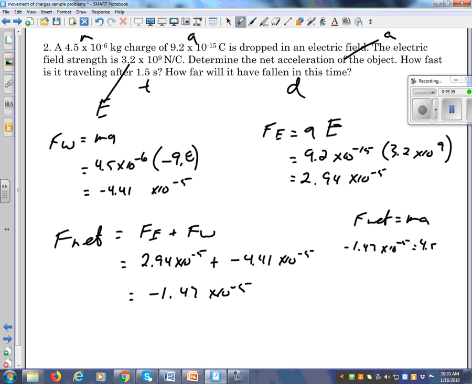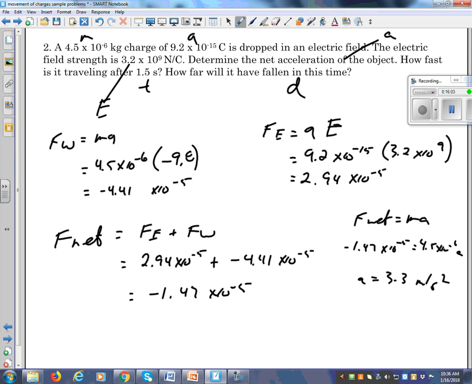Mass is 4.5 times 10 to the minus 6, and I'm squeezing... 3.3 meters per second squared. Okay, so there'll be 4 steps, 4 marks for that.